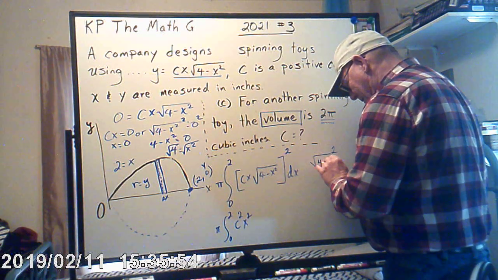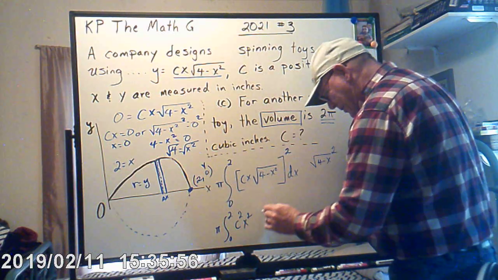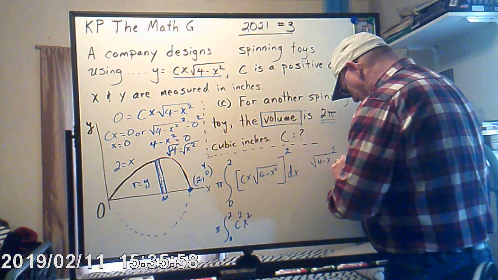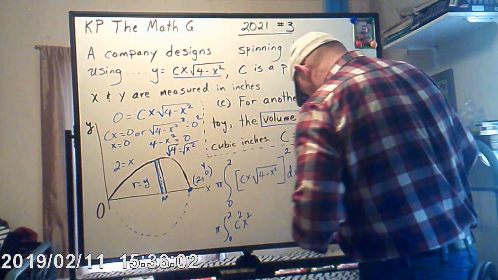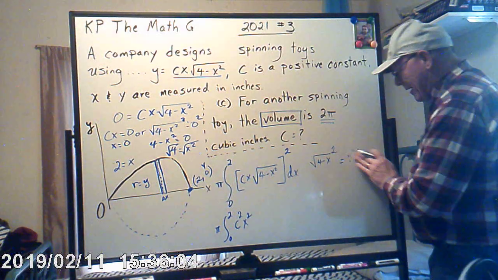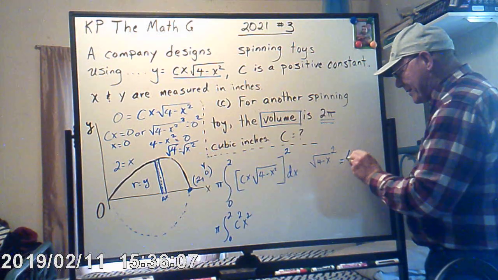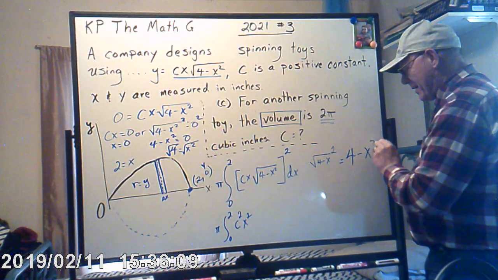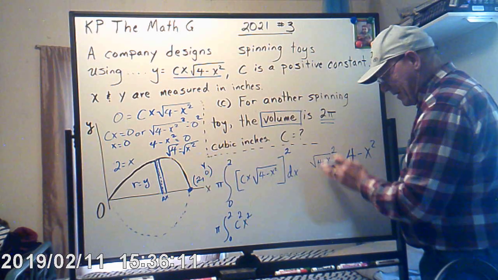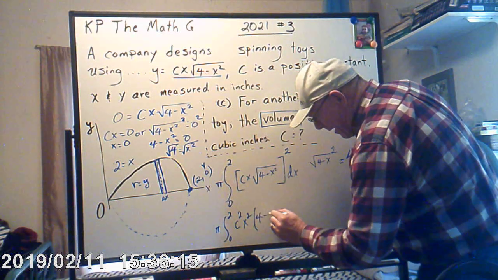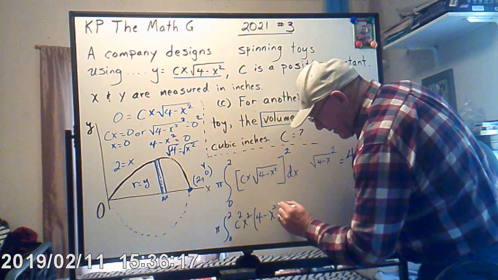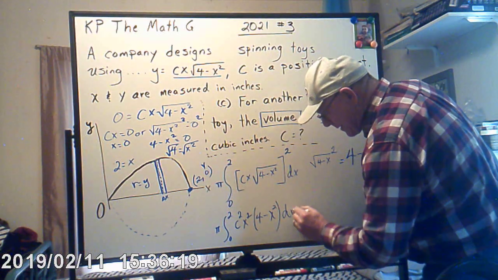So in this case, 4 minus x squared. I'll step to the side and write it a little bigger so you can see it. So now this is just 4 minus x squared dx.